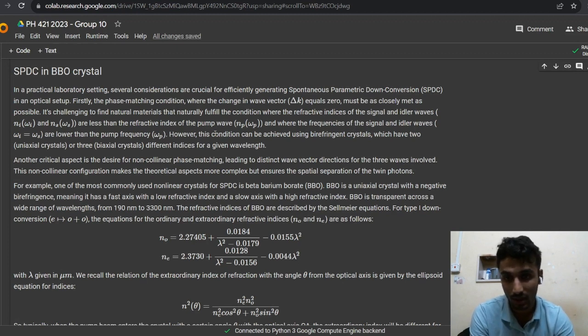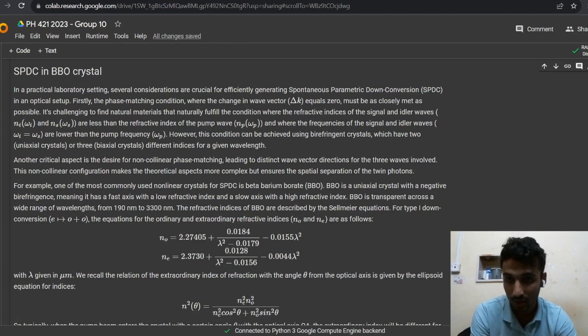So we can have uniaxial or biaxial crystals which have variation along different axes. Here, particularly, we look at the variation in wavelength of the refractive index. We can see the variation, the complex variation of No and Ne of the refractive index with lambda here below.